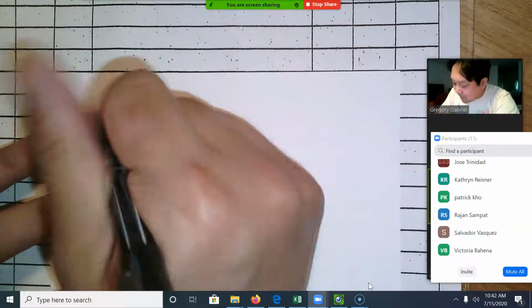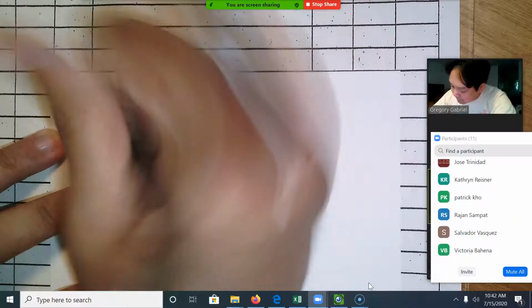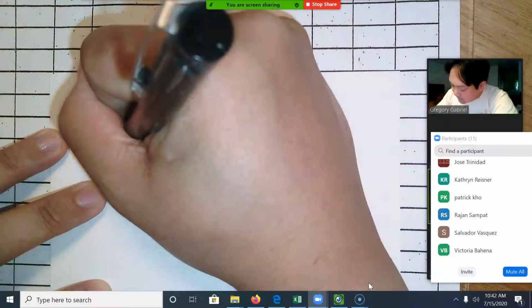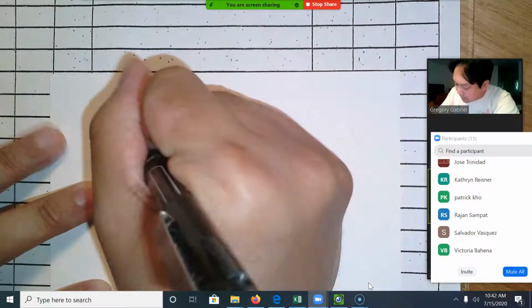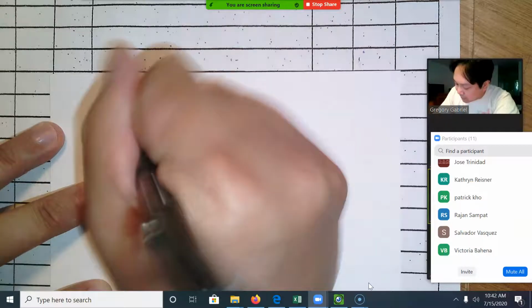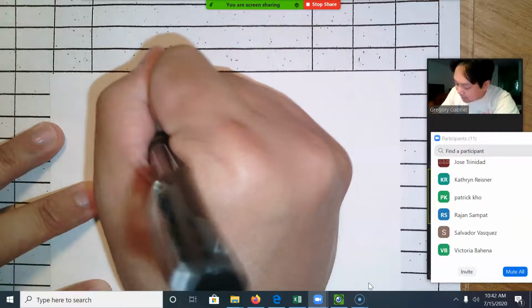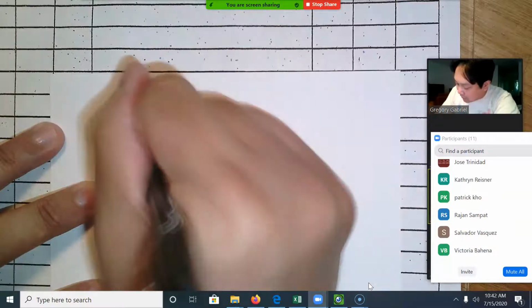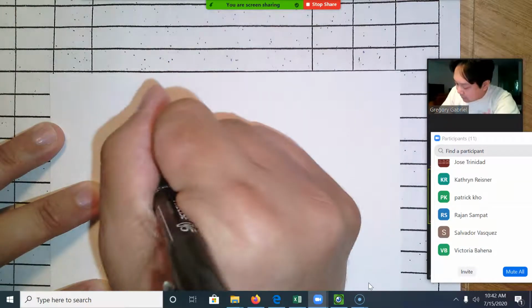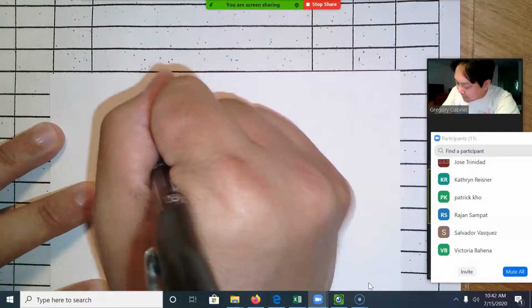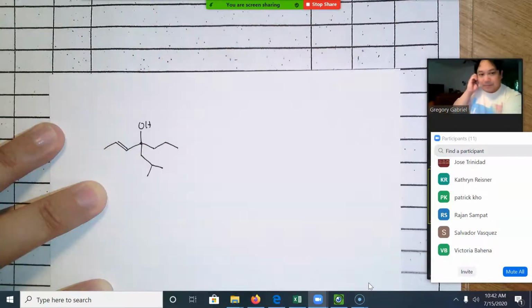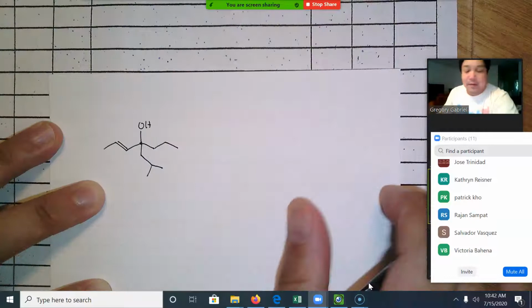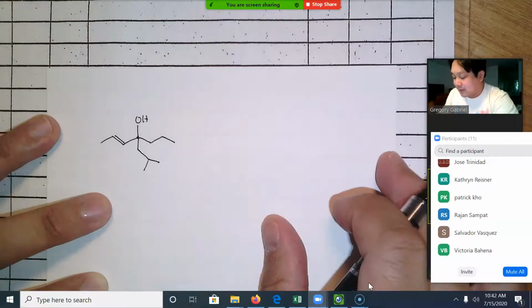Okay. If I have this molecule, again, I am trying to make this look like an exam problem. And I think you know what type of problem this is. Or I think some of you can predict what I'm going to ask.